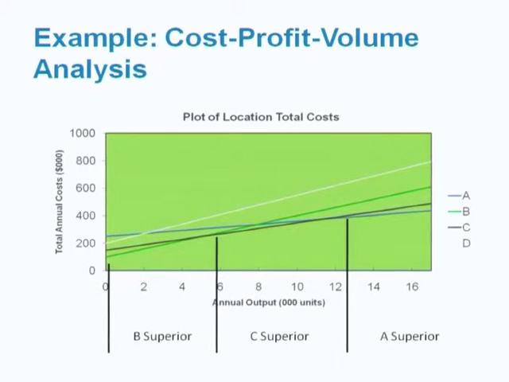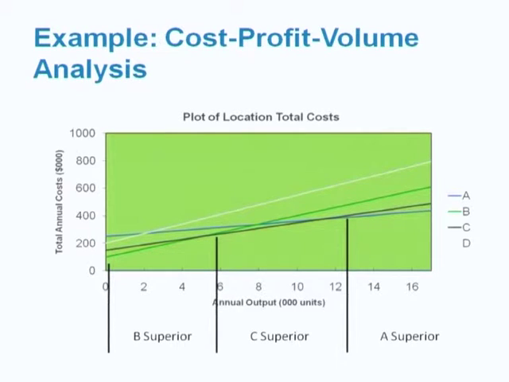We have to look at each range of output. The first range, from 0 to about 5,000 units of output, alternative B provides the lowest cost.